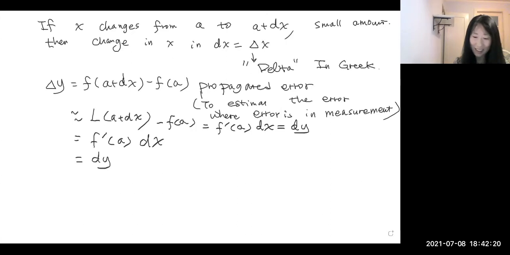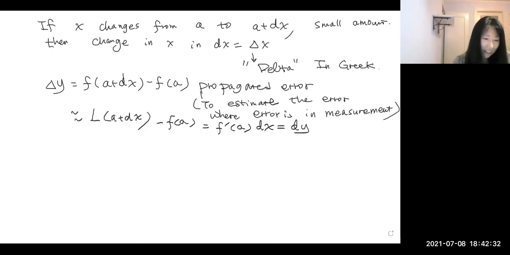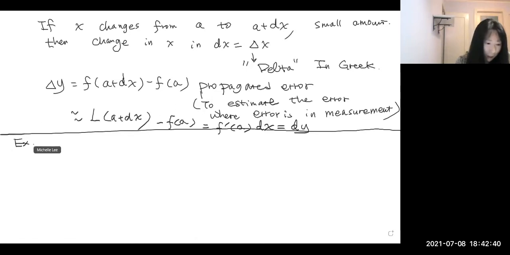Estimate. Okay, let me erase this. All right. Oops, sorry. I need to save the space. Always time consuming, space consuming.